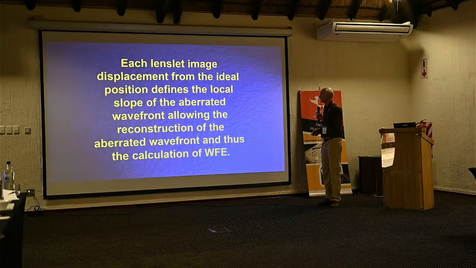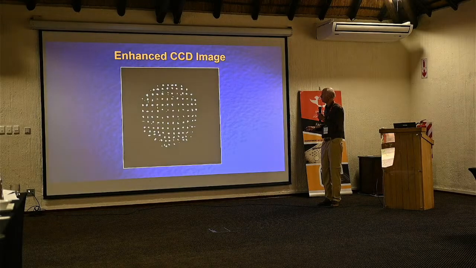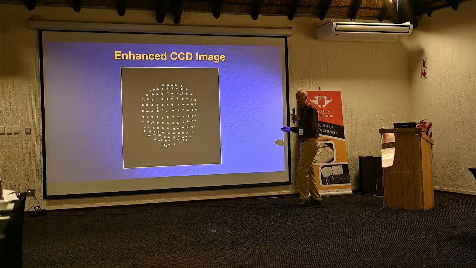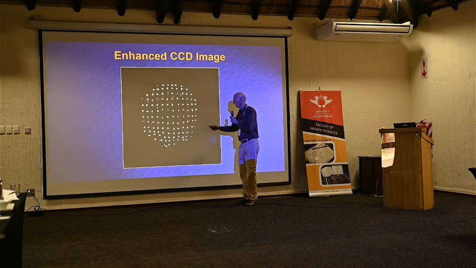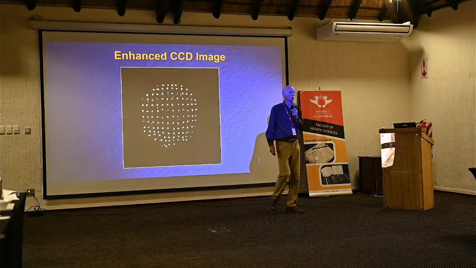So each lenslet image's displacement from the ideal position determines the local slope of the aberrated wavefront, followed by reconstruction of the wavefront error. Some of the instruments don't like dealing with fuzzy data, so they do a little bit of image manipulation, like putting in a threshold. Because the deal now is you just have to find where the spot is. That's all you care about. Where did it move? What's its location?